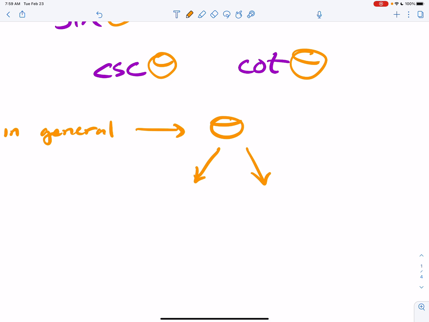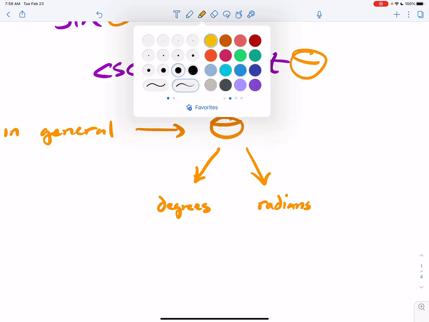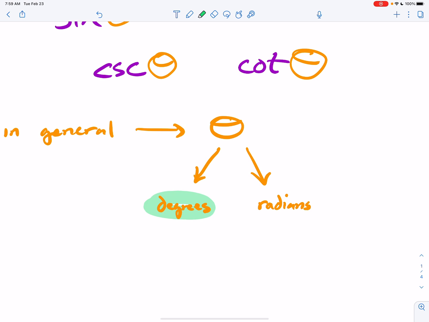With angles, you're dealing with one of two types of units. What you're used to is degrees. And then there's something else called a radian, and I'll show you why that's so important. It's not just extra work. We're used to degrees, and we're going to learn what a radian is and how to convert to a radian.